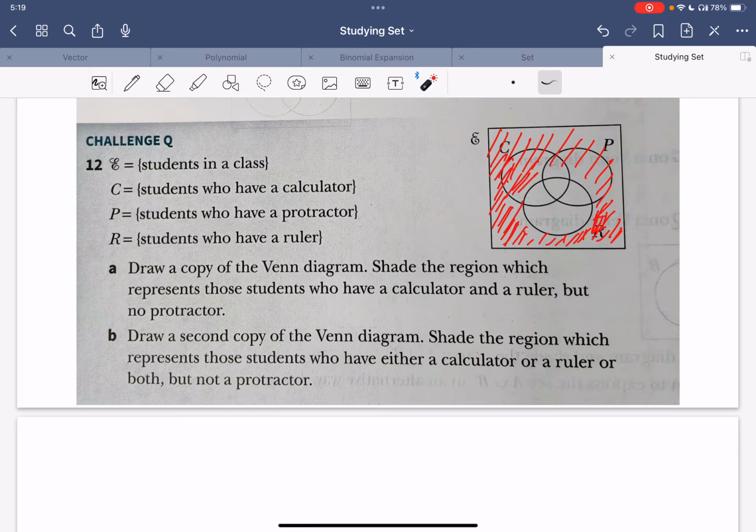After removing all the parts in set P, then we can do things this way. So the final answer can be this one.